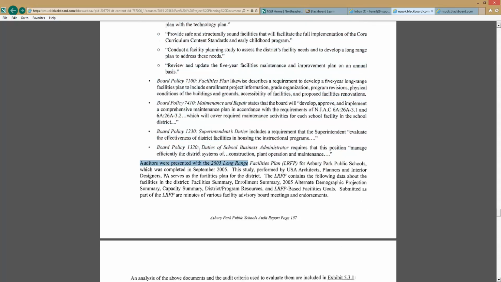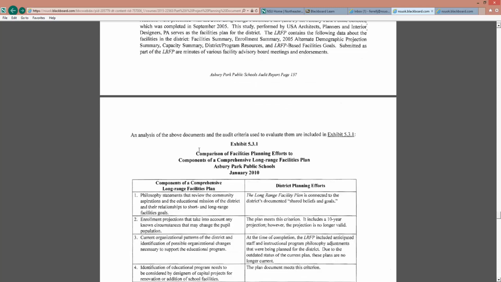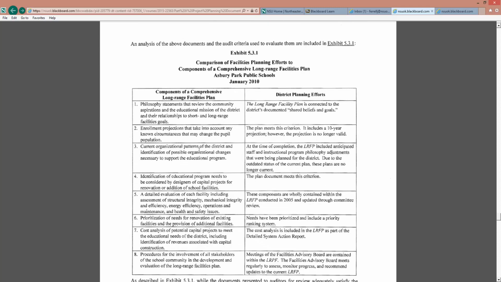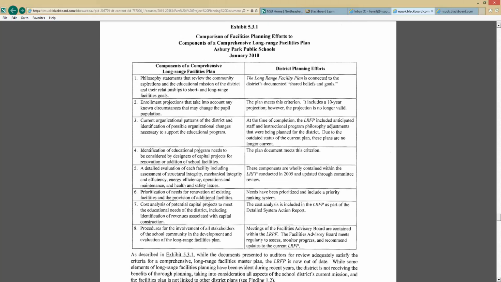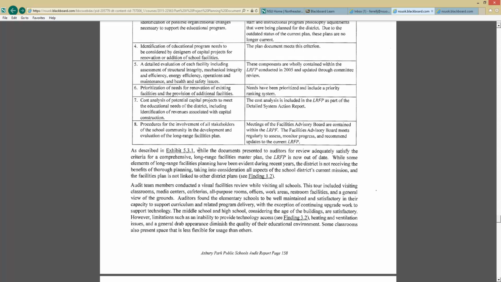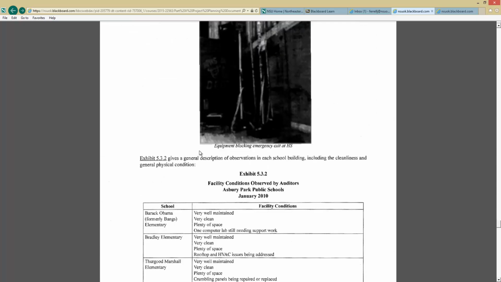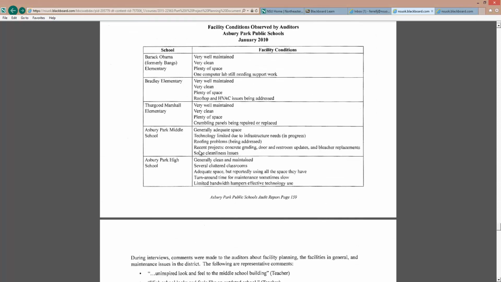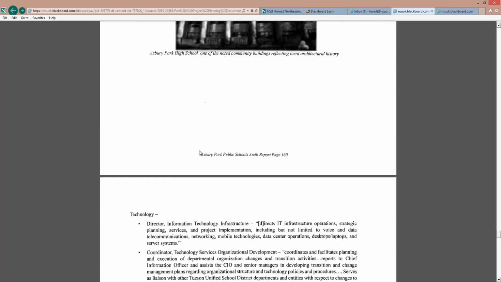They did have a long-range document they also used. And then this is just a little bit different, but you can see these are the 8 criteria. And then they explained their rationale of whether they thought the school met or did not meet the criteria.